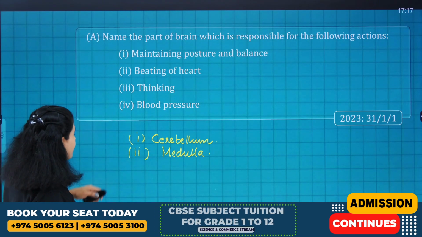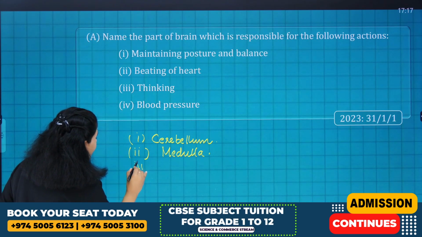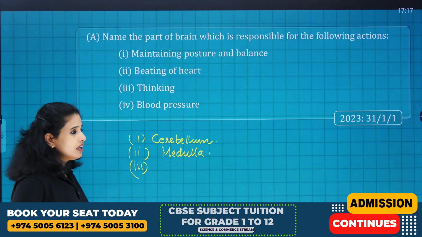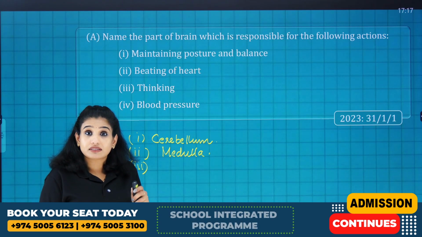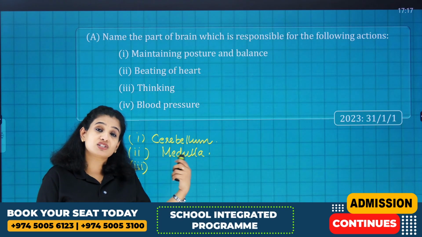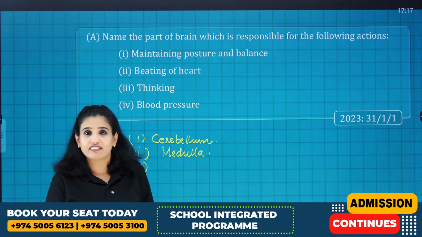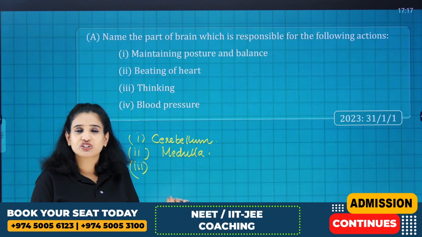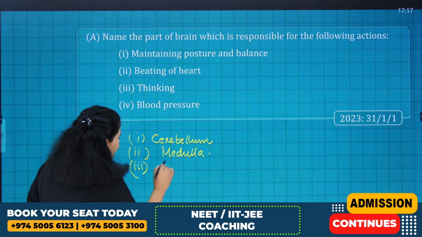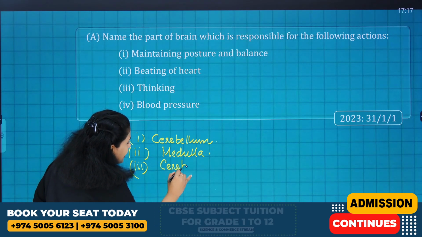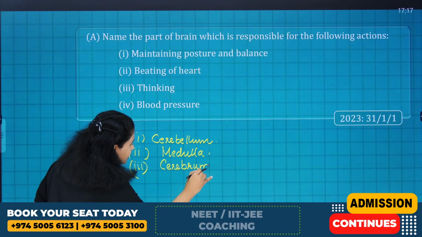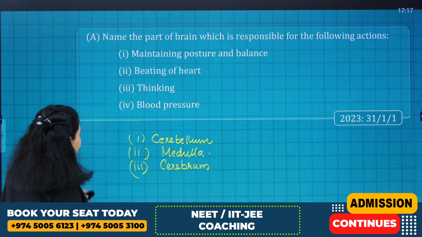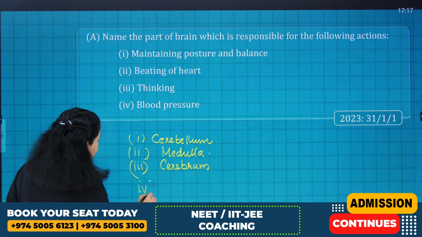The third one is thinking. Which part helps in thinking? See, cerebrum, which is located in the forebrain region, is the center of thought, imagination, memory, etc. So we will write here cerebrum. Fourth one is blood pressure.